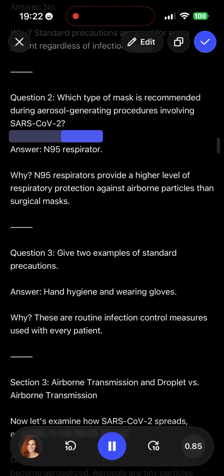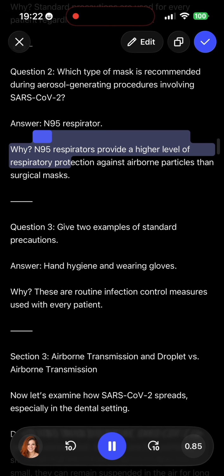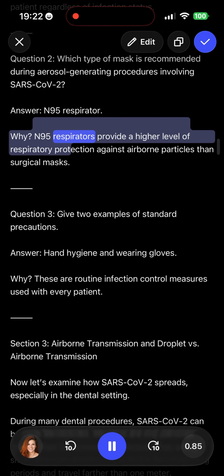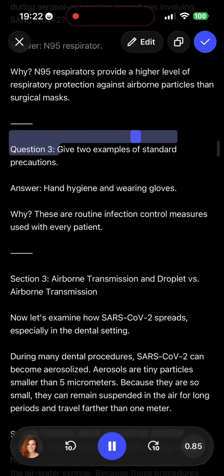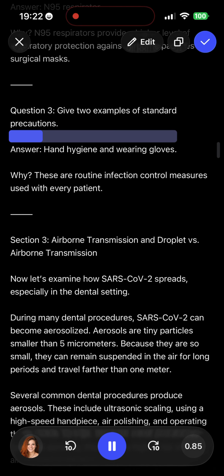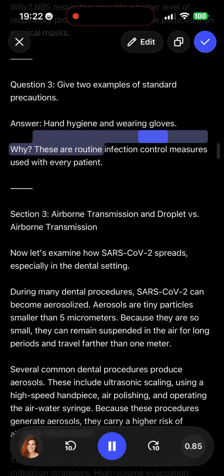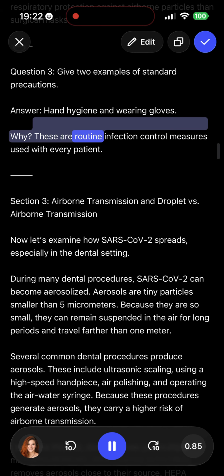Answer: N95 respirator. Why? N95 respirators provide a higher level of respiratory protection against airborne particles than surgical masks. Question 3. Give 2 examples of standard precautions. Answer: hand hygiene and wearing gloves. Why? These are routine infection control measures used with every patient.